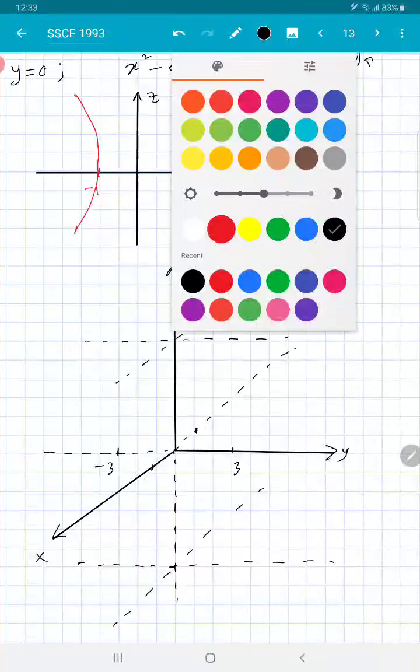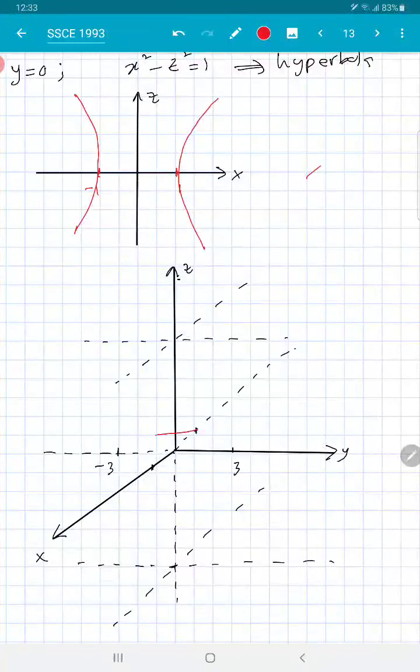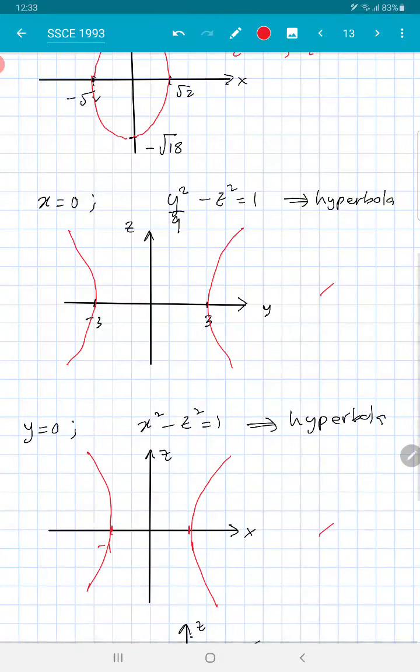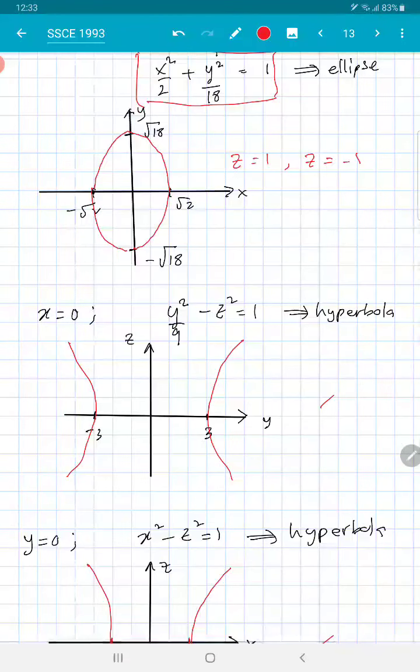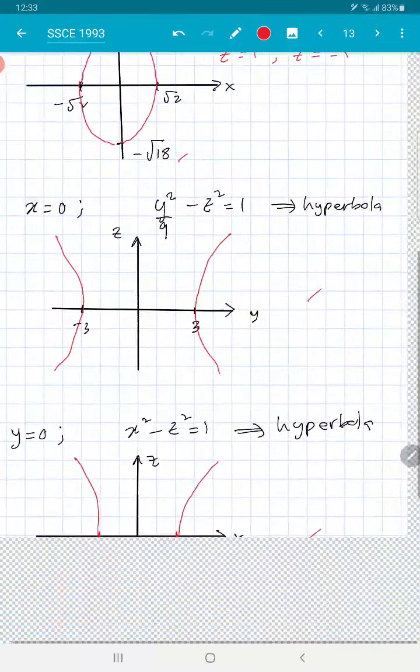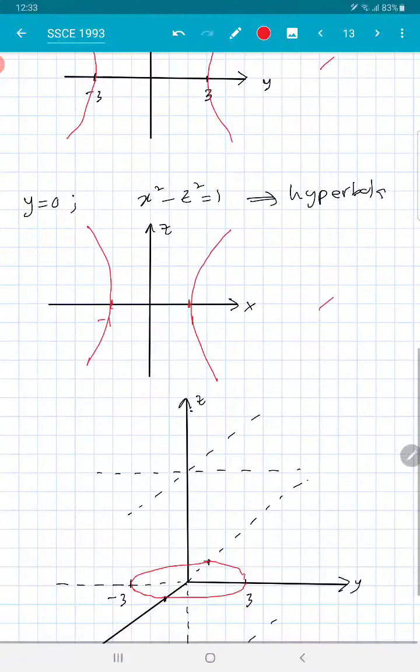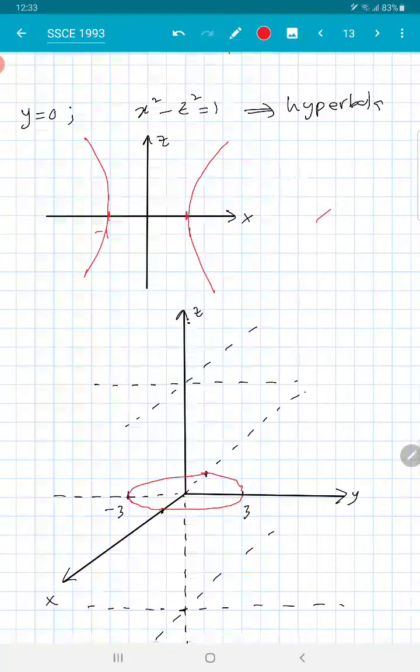Here we have an ellipse. And on z equals 1 and negative 1, we have the same size ellipse. It intersects the y-axis at square root of 18 and negative square root of 18. That would be, what is that? 4 point something? Okay. So it's a bit larger compared to this.